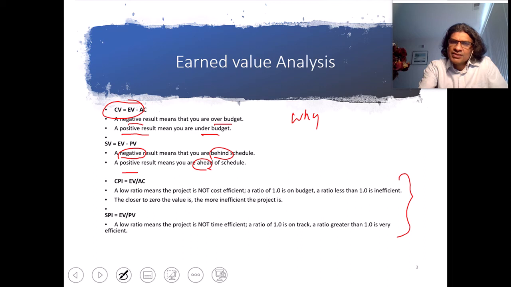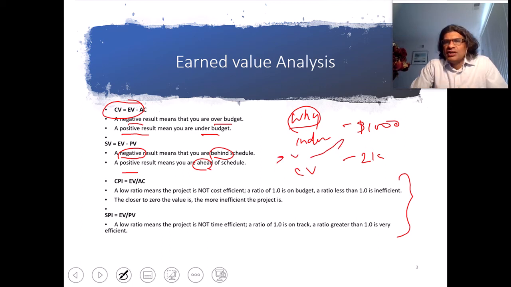The key question is, even though I have a variance, why do I need an index? The reason being, if somebody says I am behind the project by, let's say, $1,000, or the cost variance is 2K and the schedule variance is $100, it is very difficult to tell whether it really matters, because we have to know the project's overall cost.